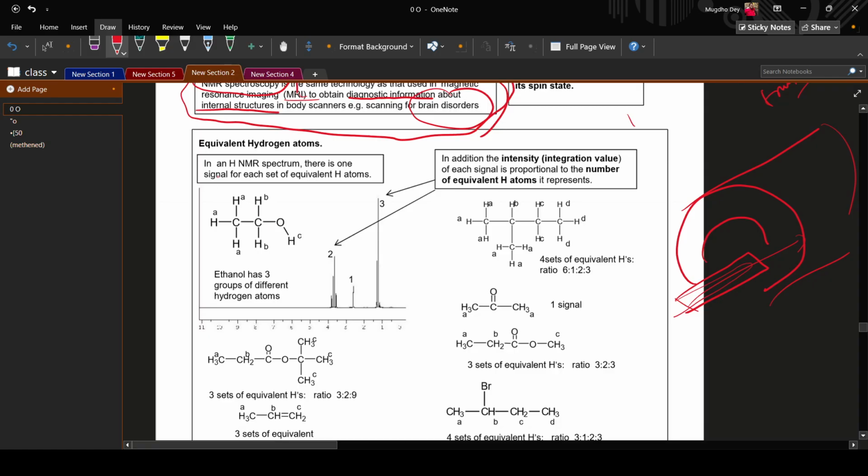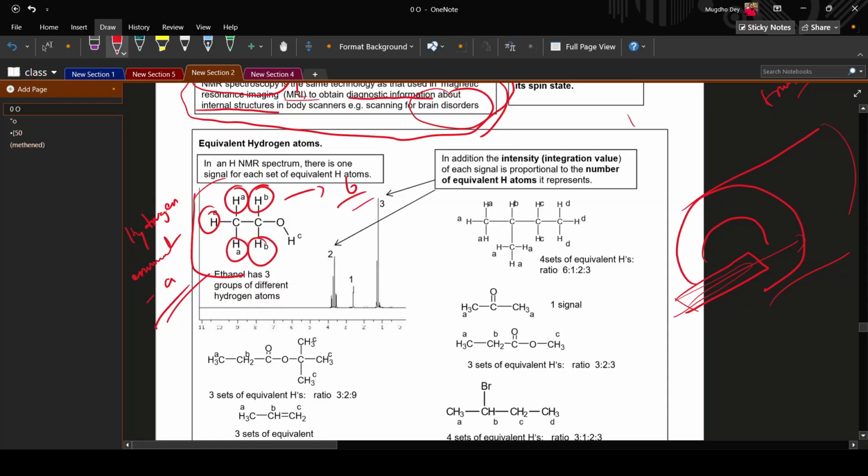For example, we can clearly see that these three hydrogen atoms are connected to the same carbon, right? So can we consider all of them as hydrogen environment A? Yes, hydrogen environment A. These two hydrogens are attached to the same carbon, so that is another environment.